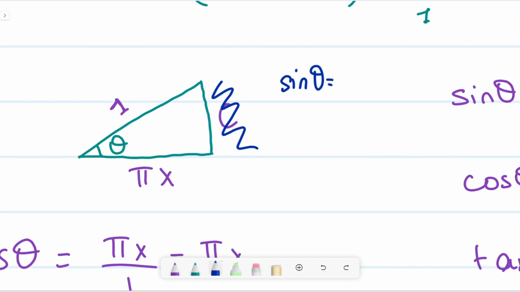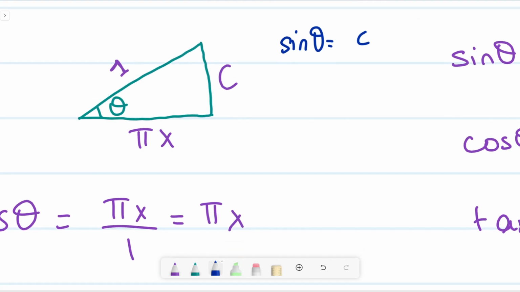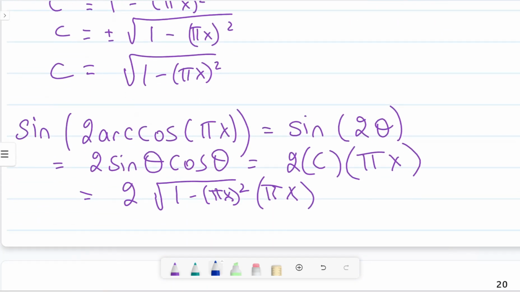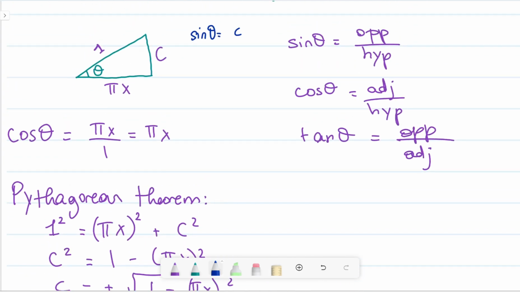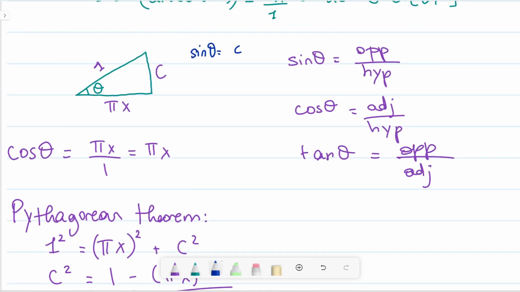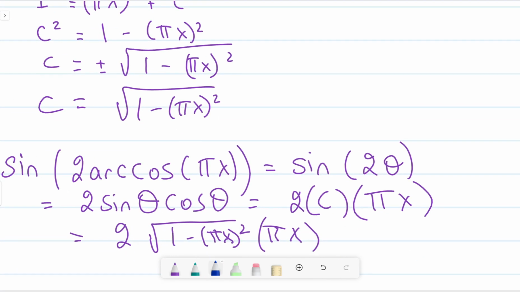It's c. And the hypotenuse is 1. So sine theta equals c over 1, which is equal to c. Let's write this down below. And now let's find cos of theta. Cos of theta, we already found it here. Cos of theta, we already said that it is pi x. So let's write this here as well.